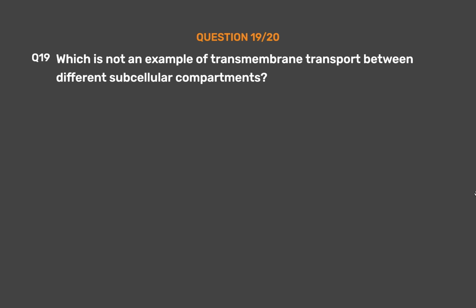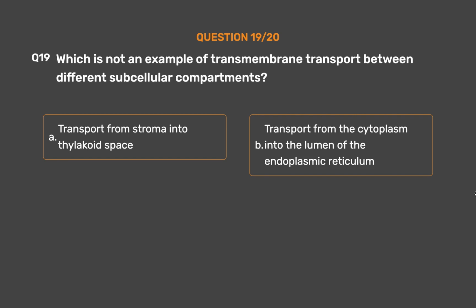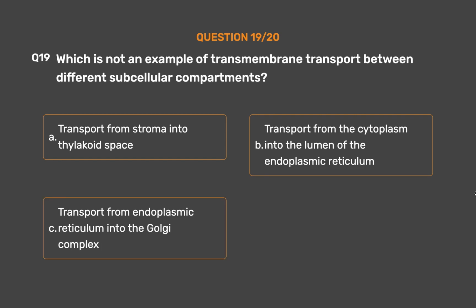Question number 19. Which is not an example of transmembrane transport between different subcellular compartments? Option A, transport from stroma into thylakoid space. Option B, transport from the cytoplasm into the lumen of the endoplasmic reticulum. Option C, transport from endoplasmic reticulum into the Golgi complex.